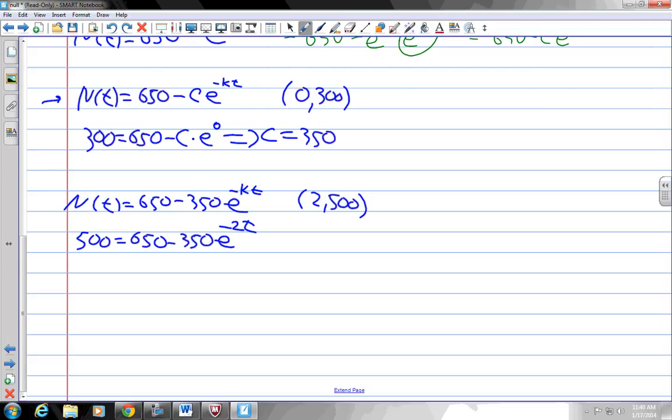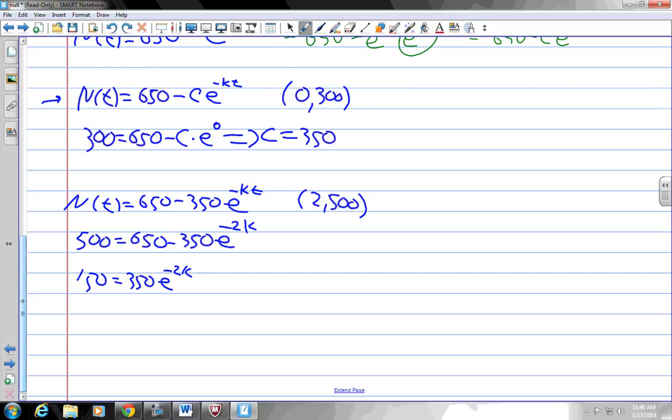Yeah, right, negative 2k, thank you. So we can solve for k. It's very algebraic at this point. So what do I do next? You help me. Yes, very good. So 150 equals 350 e to the negative 2k.